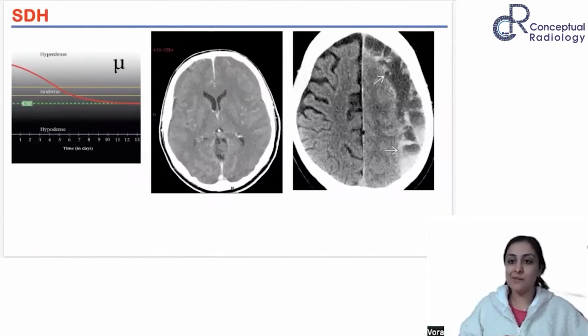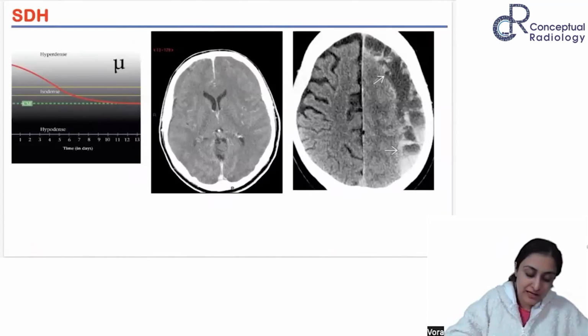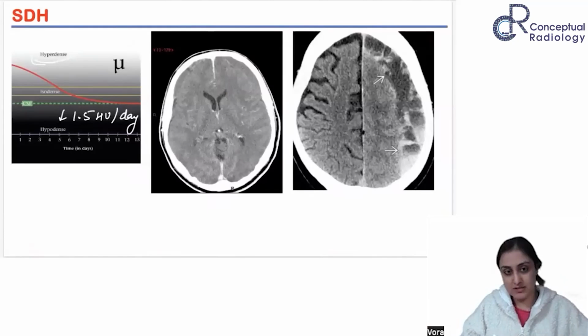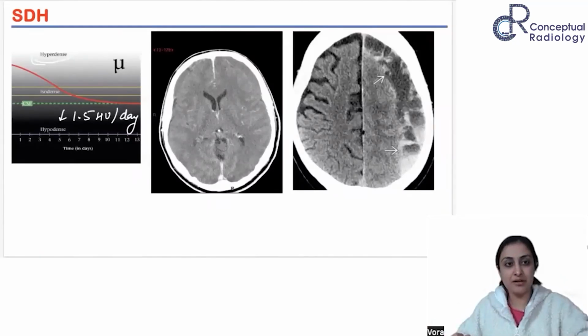Okay. What about chronic? What about the density? So again, a very, very important concept for all of you young radiologists here is how the HU changes. We know acute hematomas are hyperdense. As time passes, the dictum that you want to remember is that a 1.5 Hounsfield unit per day decrease happens. So as you go from acute to chronic, what will happen?